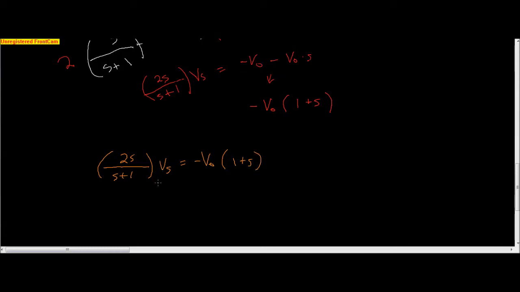So we want VO over VS. So let's divide both sides by VS. Those will cancel out.